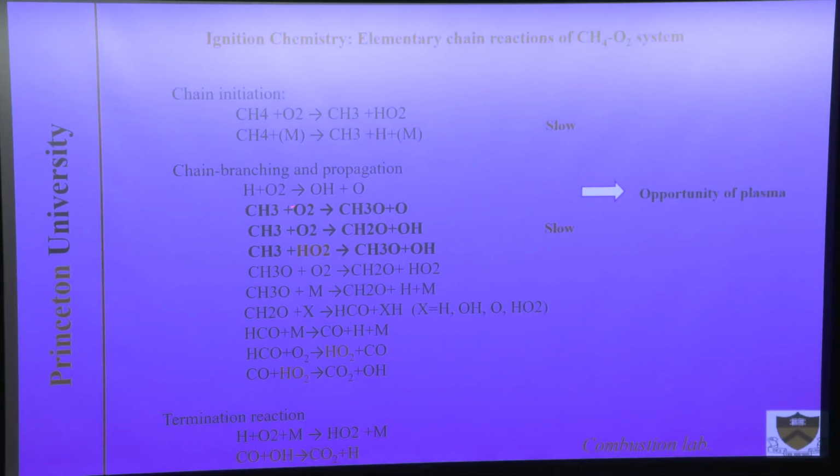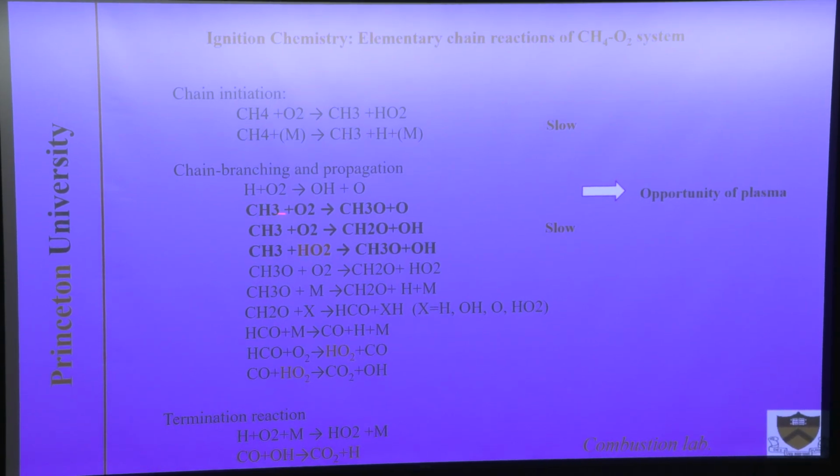What about methane? For methane, everybody knows that the methane reaction is very slow. It is dictated by methyl plus oxygen to form methoxy, and the methyl reaction with HO2 is extremely slow.